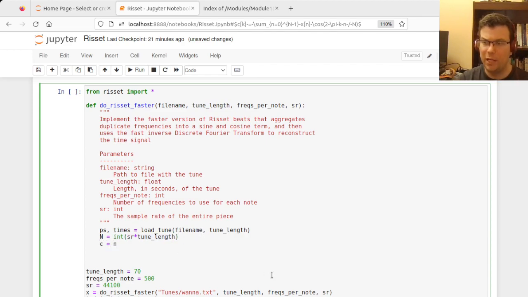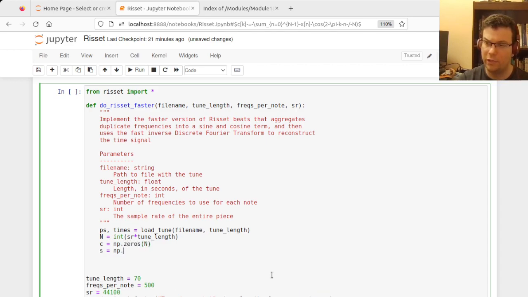Let me also make space for the sine and cosine coefficients. So the result of the dot product with all the probes that go through integer number of cycles for sines and cosines. Now this is directly analogous to the dictionaries that you would have used, but now we're able to use arrays because again, each frequency goes through an integer number of cycles, and the units here is cycles per interval.